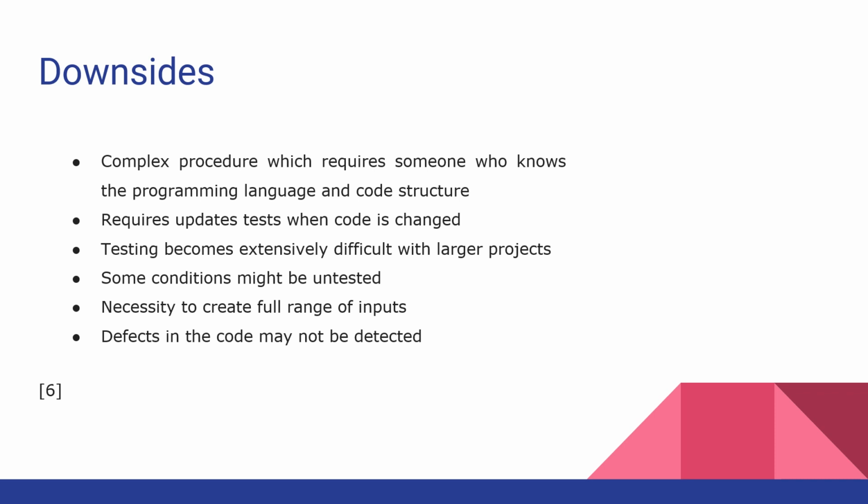Another downside: defects in the code may not be found based on the line by line principle with white box testing, because singular lines by themselves may not cause issues, but things interacting or working together may cause an issue. So going line by line may not find those issues the way that testing lines together would. And those are the downsides and upsides of white box testing.